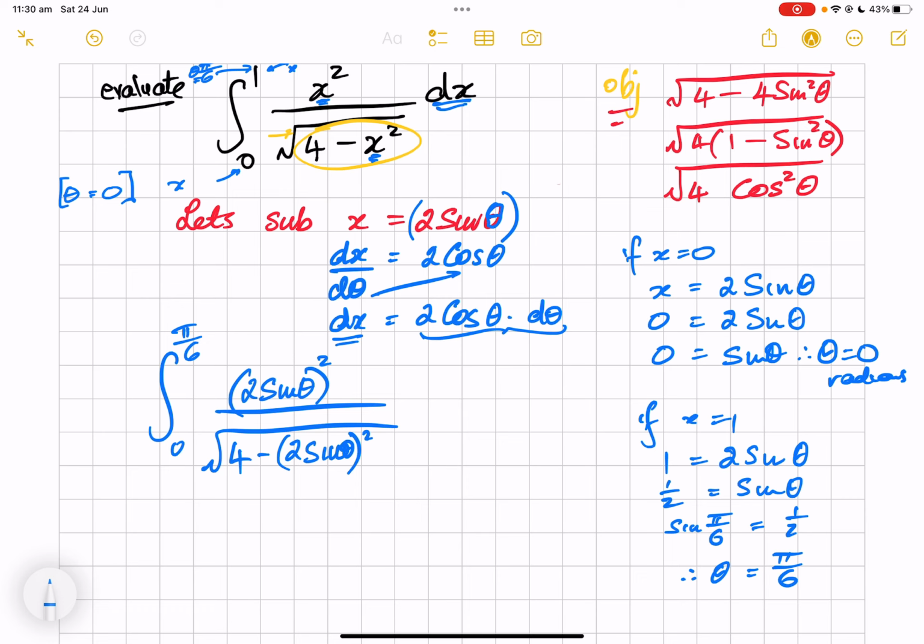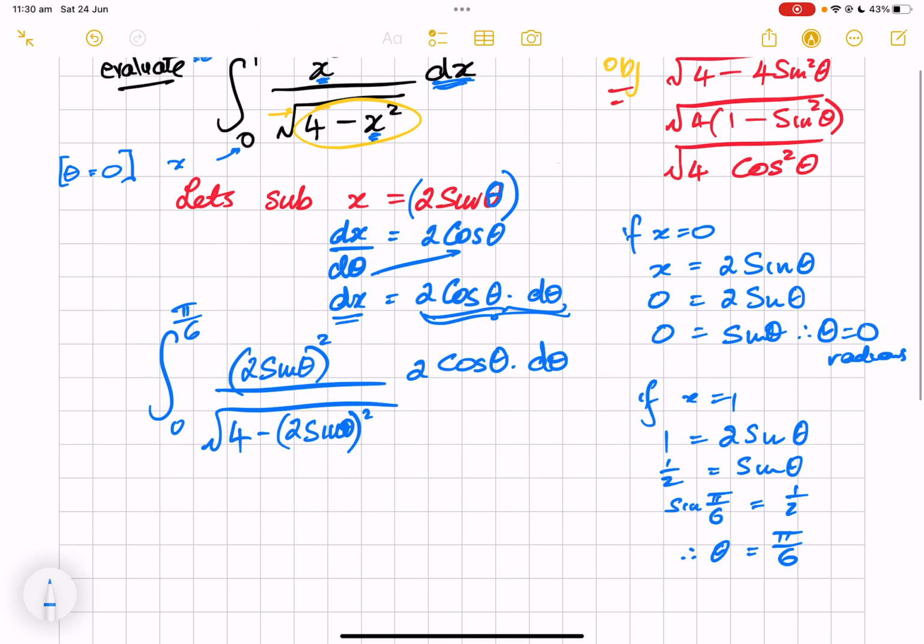And dx is going to be this here, which is 2 cos theta d theta. All right. Second obstacle crossed. Okay, our first obstacle was to know that x has to be 2 sine theta. Our second obstacle was to replace all the components, change x out in terms of theta and d theta.